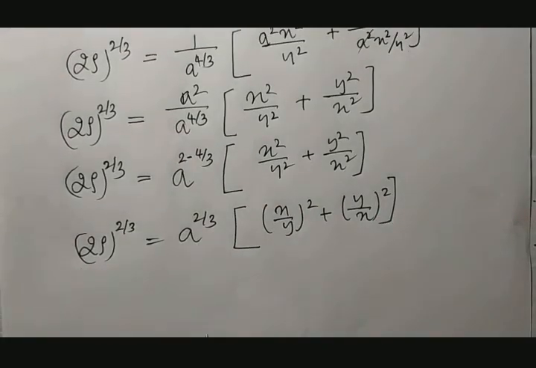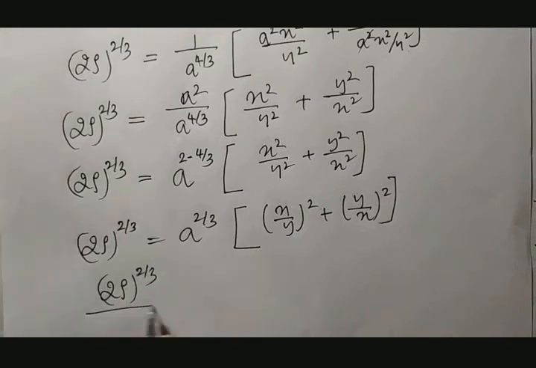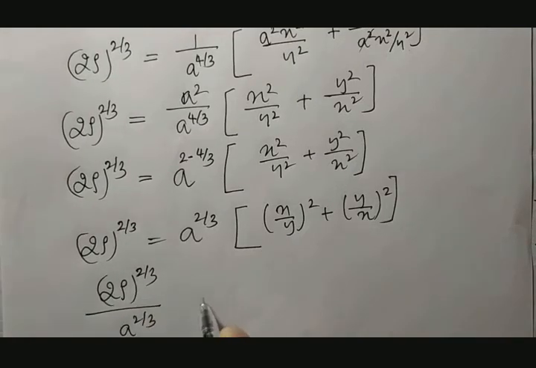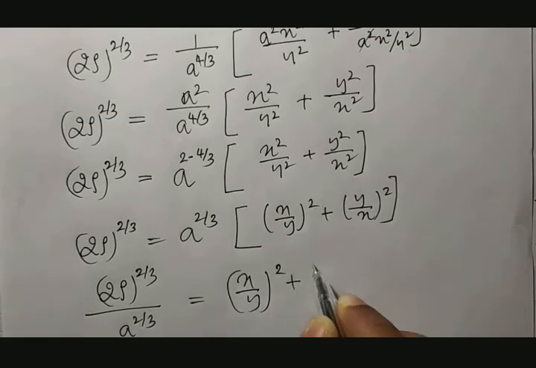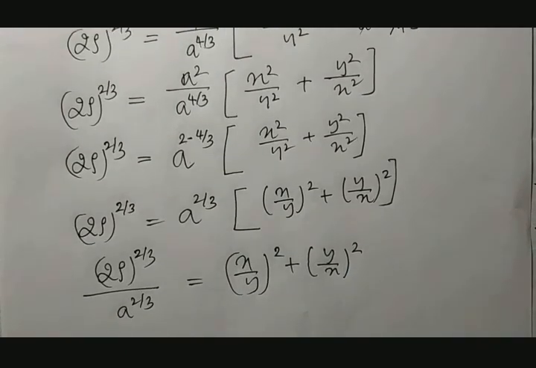Fine. I'll be taking it to the other end. Then it becomes 2 rho raised to 2 by 3 divided by a raised to 2 by 3 is equal to x by y the whole square plus y by x the whole square.